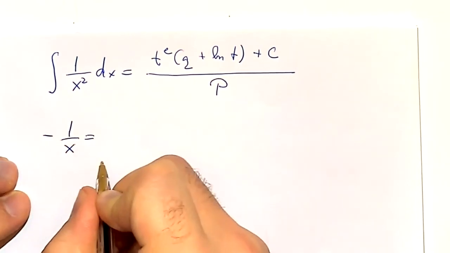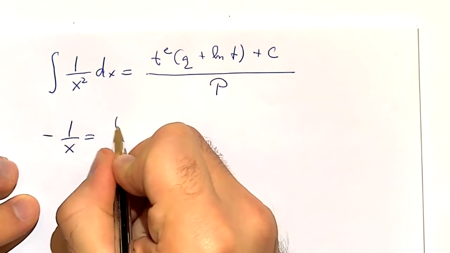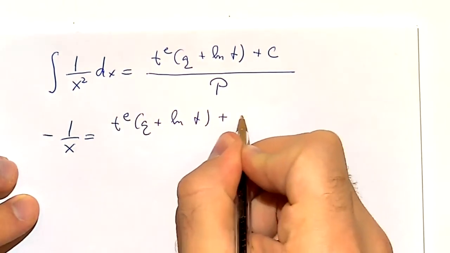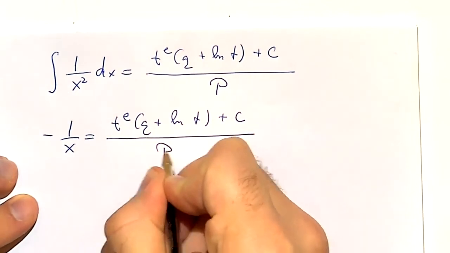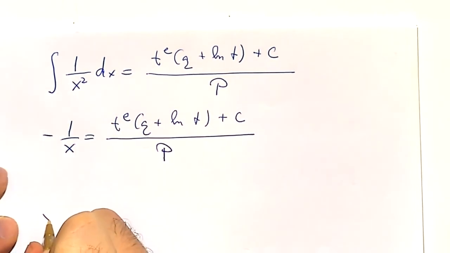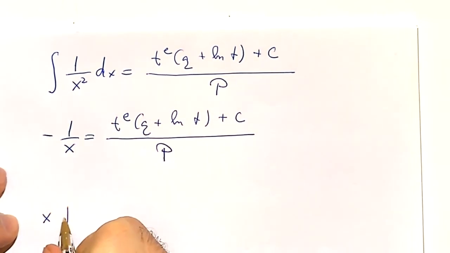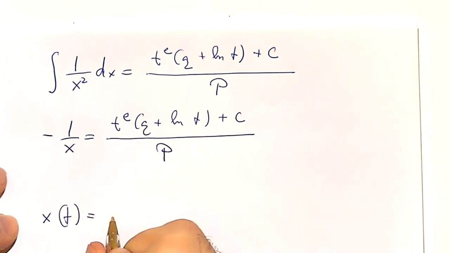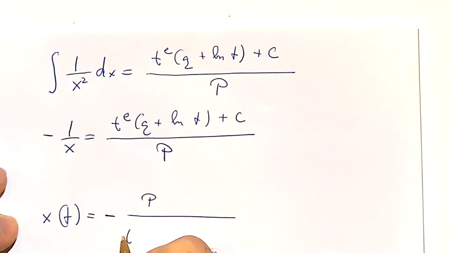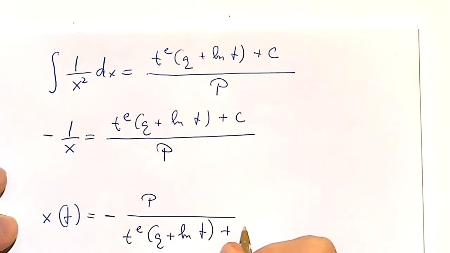So minus 1 over x is equal to t e^Q plus log of T plus constant, over P. So what is my x of T equal to? Again, just flip everything. X of T is equal to minus P over t e^Q plus log of T plus a constant.